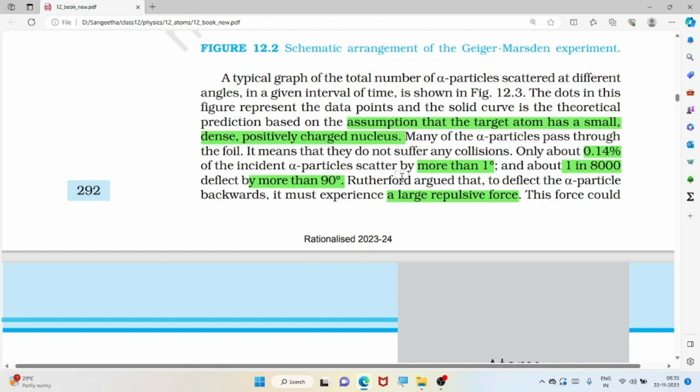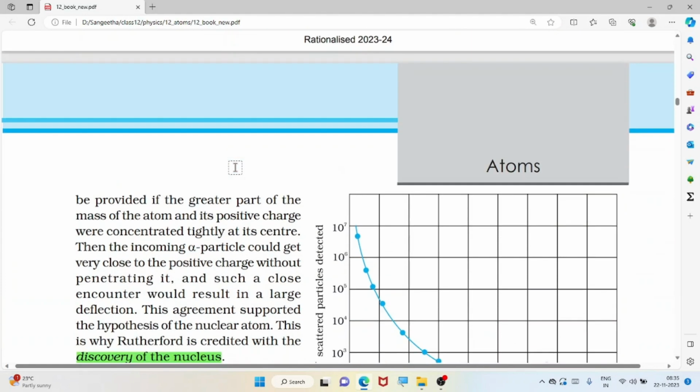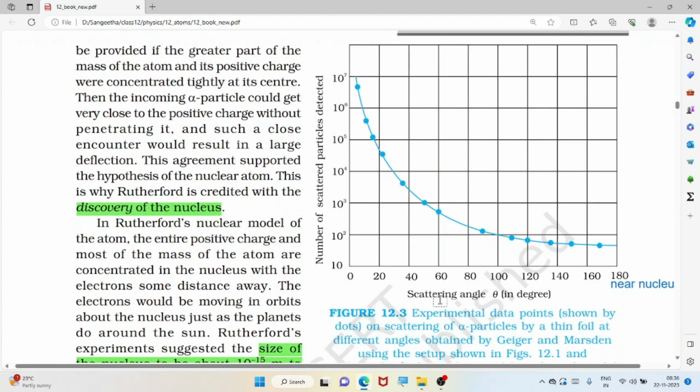These are how many particles were deflected by 1 degree, 90 degrees; they have given the data. This is a graph of the scattering angle and the number of particles.